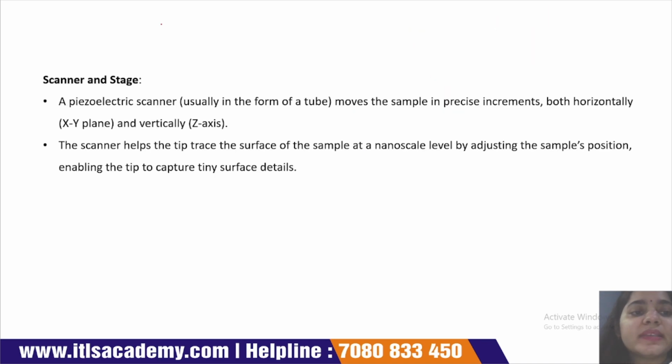Next is the scanner, and now we understand the scanner and stage. In AFM, basically we use a piezoelectric scanner, and this piezoelectric scanner can move in the x and y axes as well as the z axis.